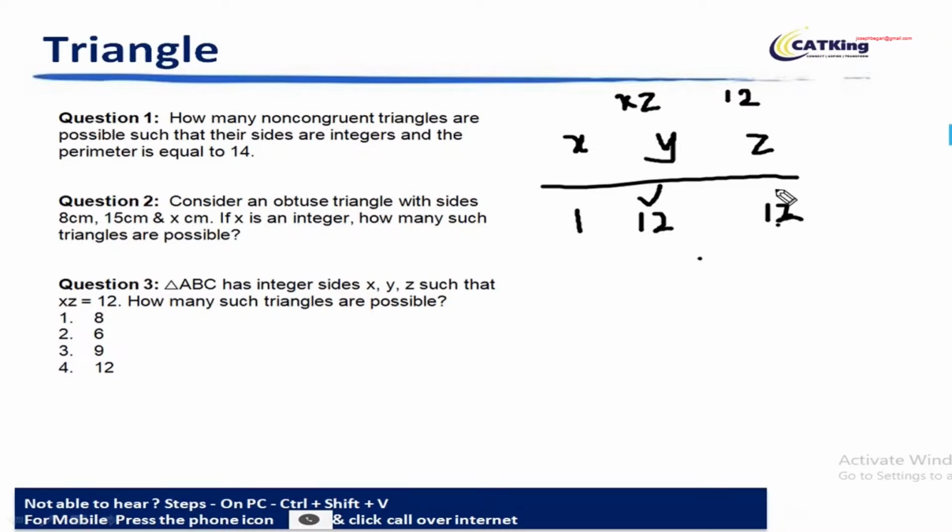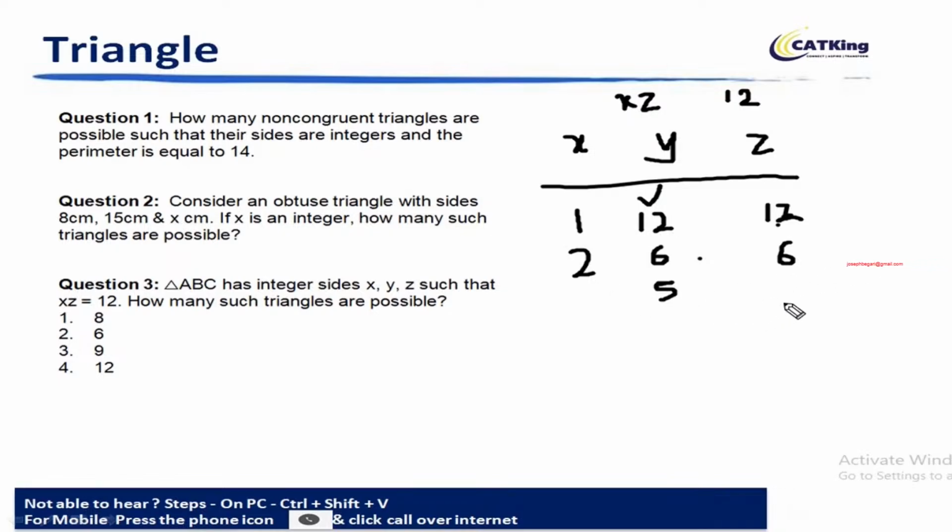Okay. When this is 2 and this is 6, this also makes the product 12. So what can be the values here? 2, 6, 6. Can the value of y be 5? Yes, it can, because the sum of two sides is again greater than the third side. 2 plus 5 is 7 and is greater than 6.